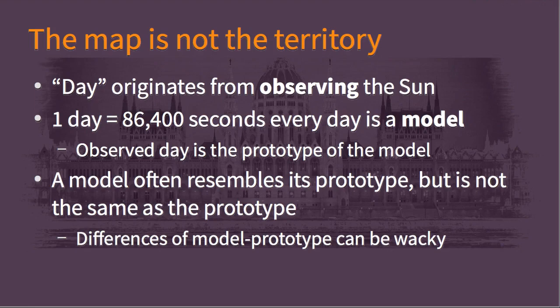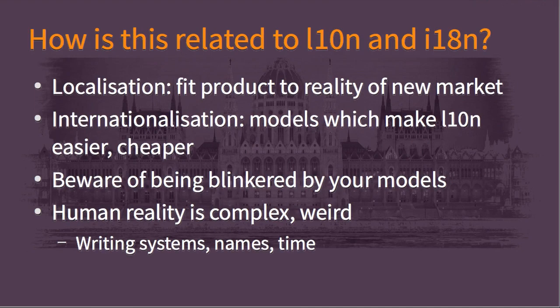And then this concept of a day being 86,400 seconds of identical length every single day is a model that we've constructed that is based on the observed day as a prototype, but it's not the same as the prototype. And the differences between a model and the prototype it's based on can be wacky, and that's what I'd like to take a little look at.